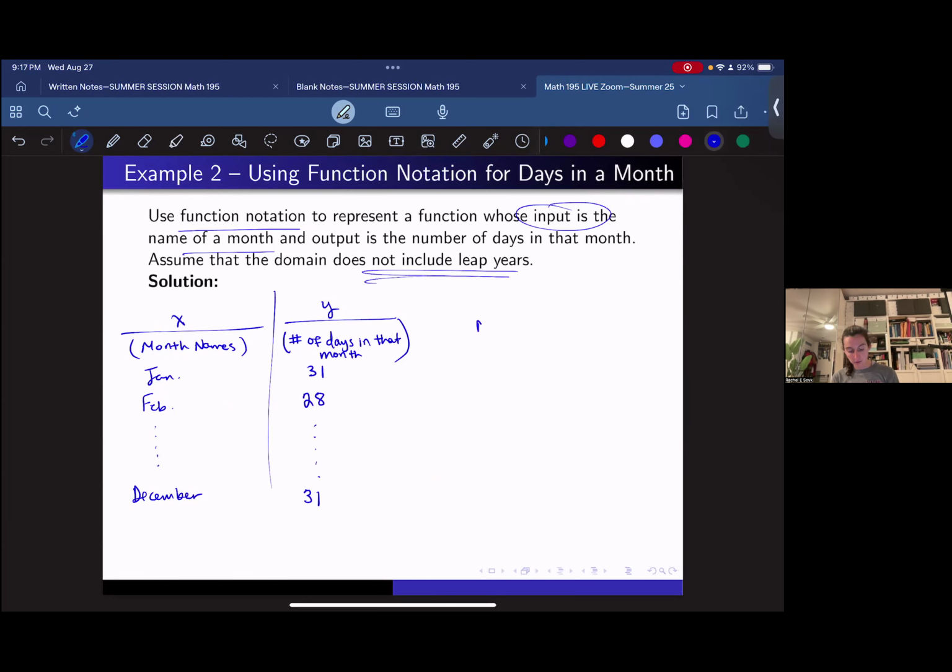So we're going to have, why don't we let n of d represent our output, our number of days. And then we have our input, so d is equal to our month name.